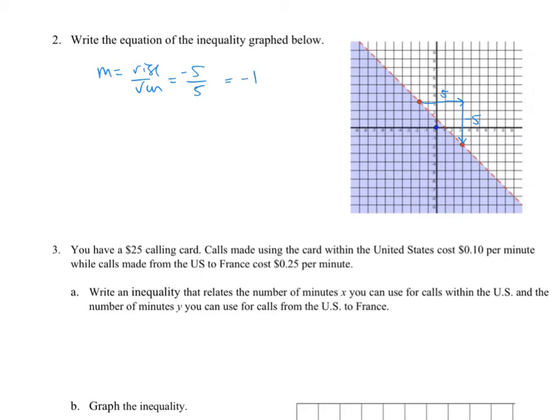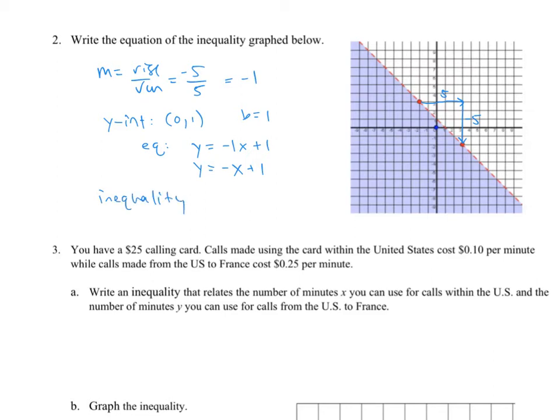My y-intercept is going to be the point 0, 1, so b is 1. And so the equation of the line is going to be y equals -1x plus 1, or y equals -x plus 1. But I want to instead write an inequality.